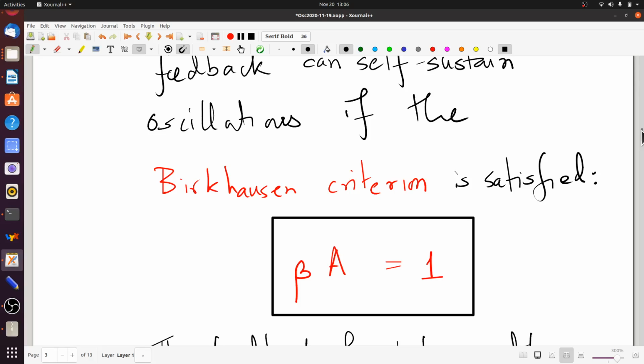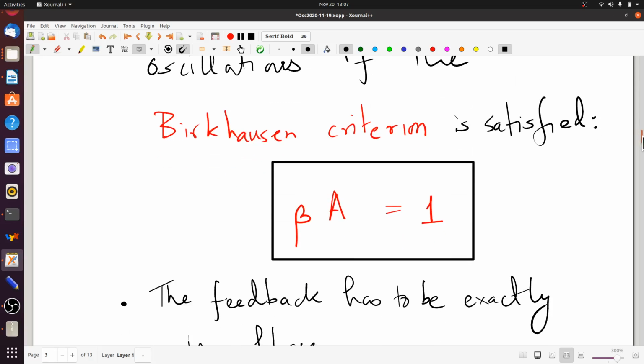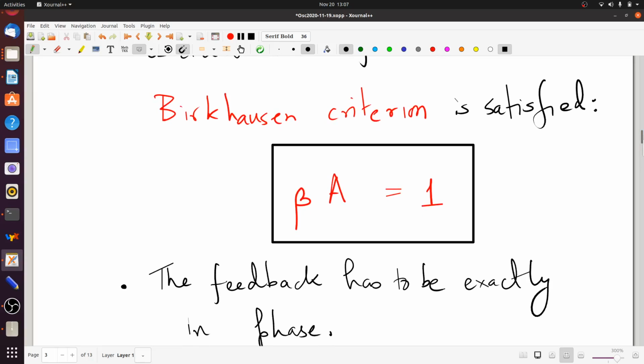So it's telling you that beta A has to be purely real, at least at the particular frequency at which the oscillations will occur, and at that frequency beta A has to have a value equal to 1. So the feedback has to be exactly in phase. The feedback voltage Vf, which is beta A times Vi, has to be exactly in phase with Vi, which is why beta A has to be purely real. And this loop gain, beta A, has to have a value of 1.